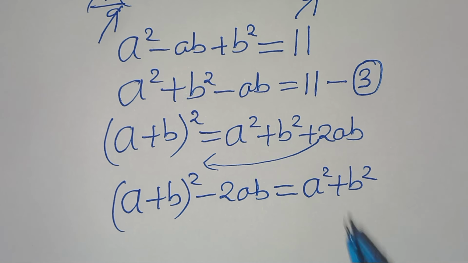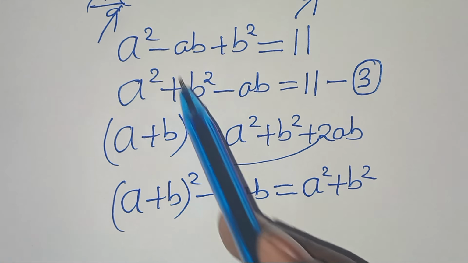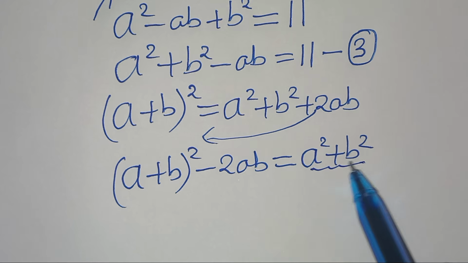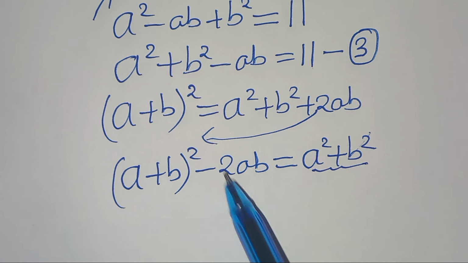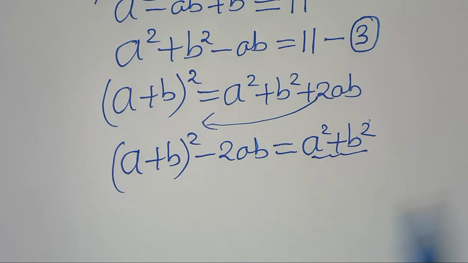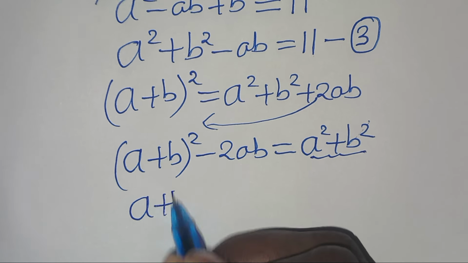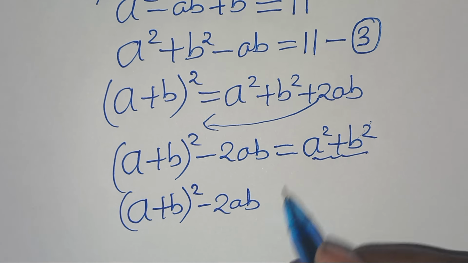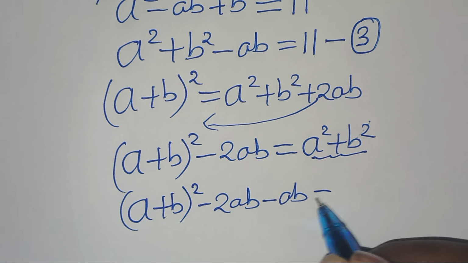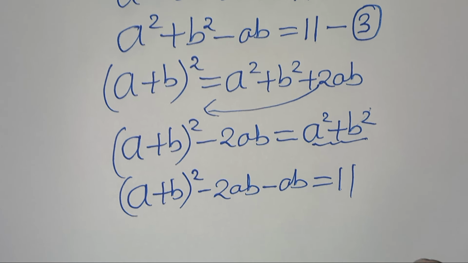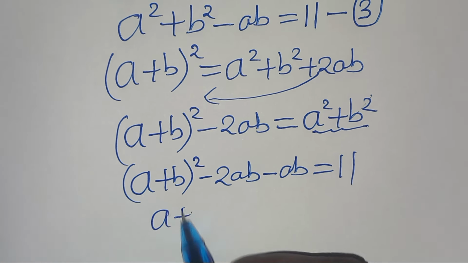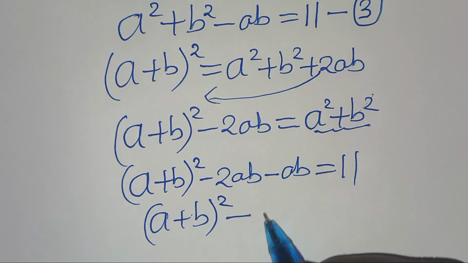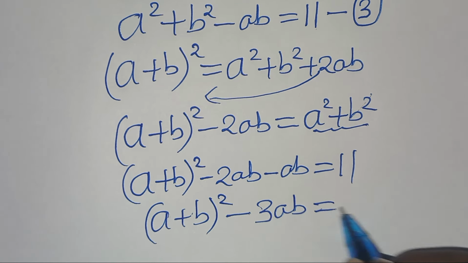Now, from equation 3, we can substitute a squared plus b squared as (a plus b) to the power of 2 minus 2ab. Then subtract ab. This is equal to 11. So we have (a plus b) raised to the power of 2 minus 2ab minus ab. This is minus 3ab. This is equal to 11.